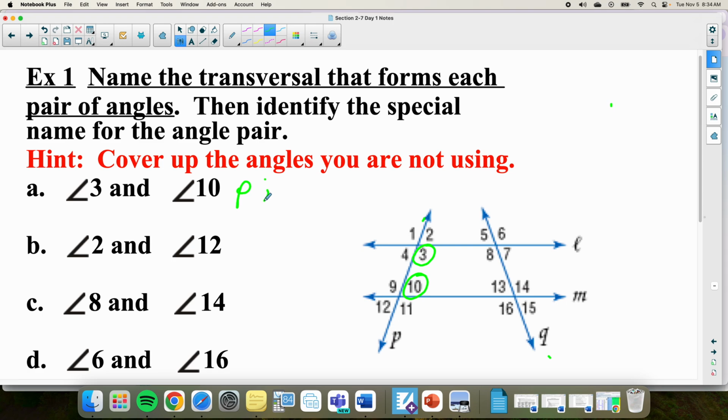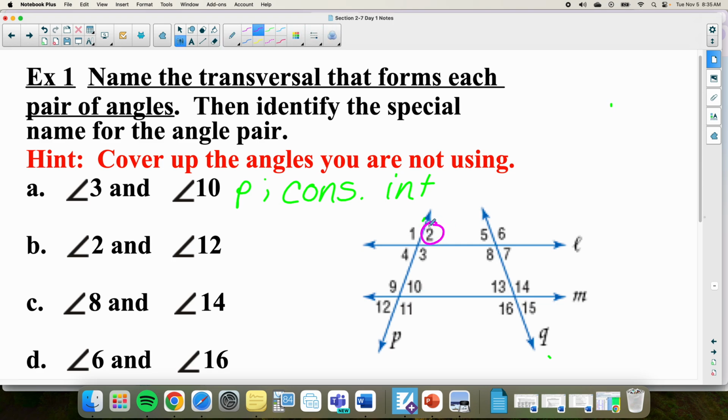Consecutive interior, right? So I abbreviate all the time. So look at how I abbreviate. For consecutive, I do CONS, and interior, I do INT. And that's how you can do that, okay? Now let's look at the next one. So the next one says 2 and 12.